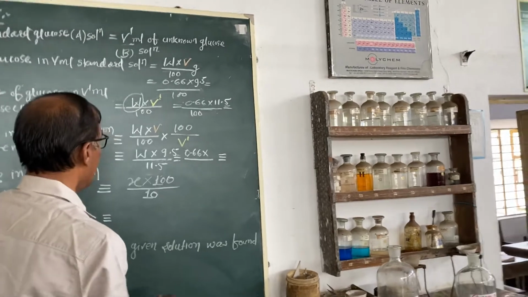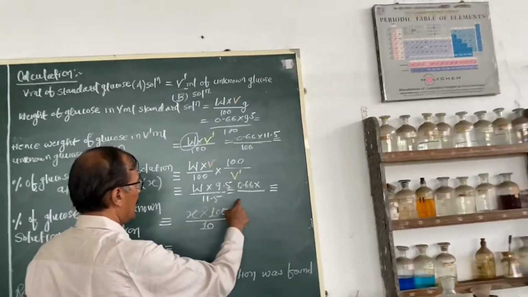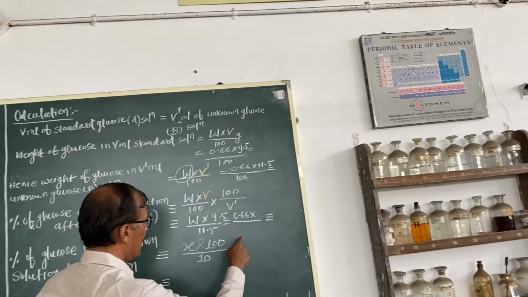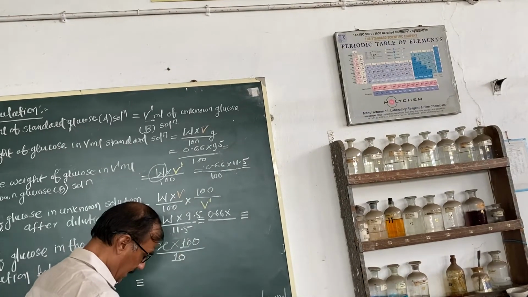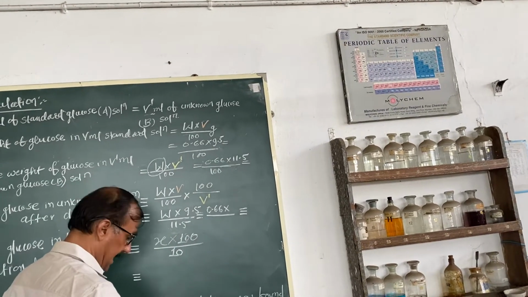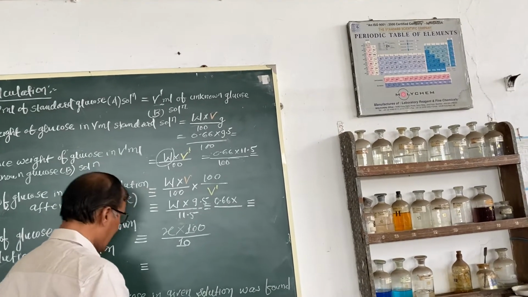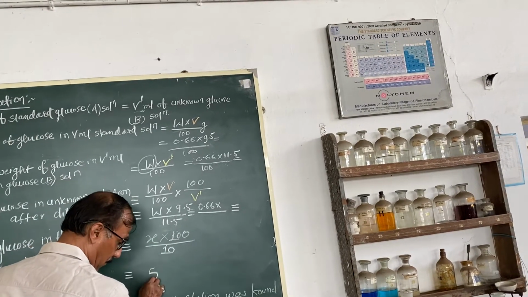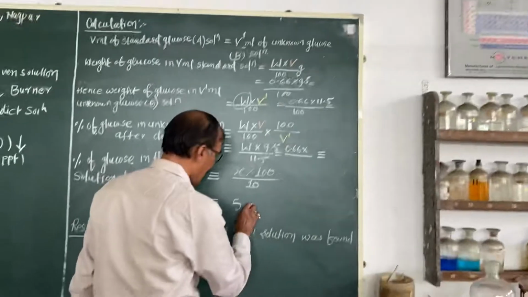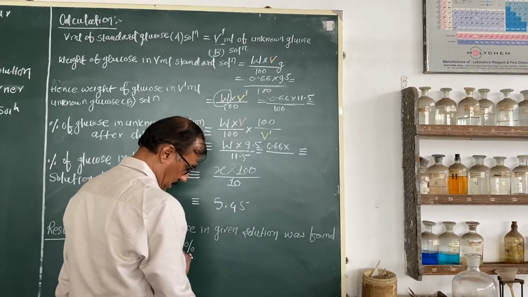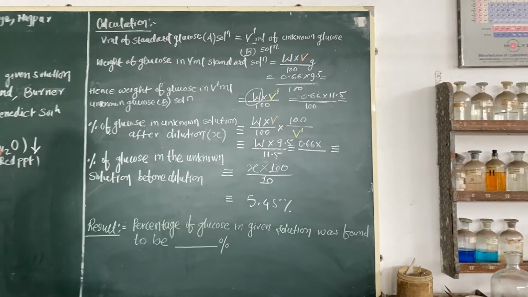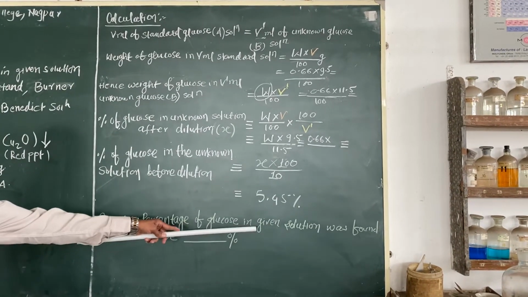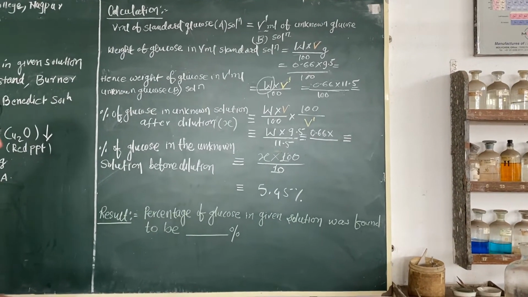After doing this calculation, I got the result of about 5.45 as the percentage of glucose found in the unknown solution. This is very simple.